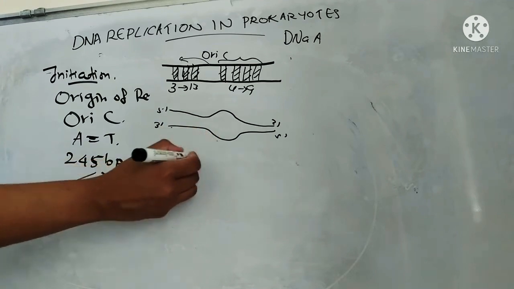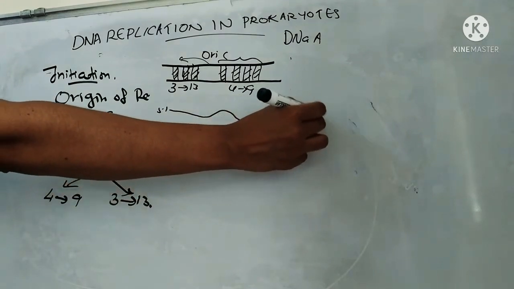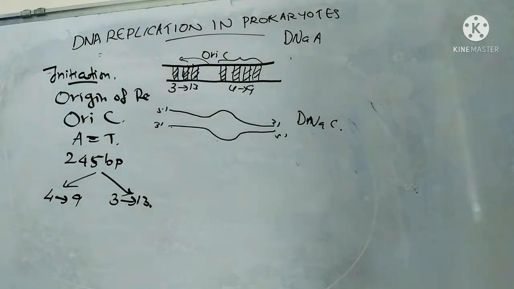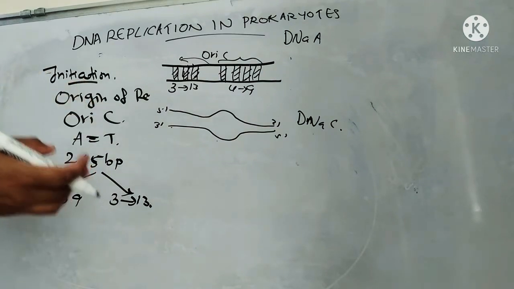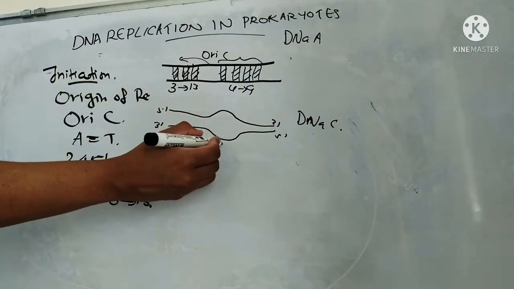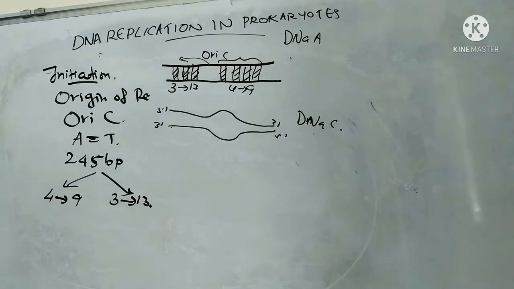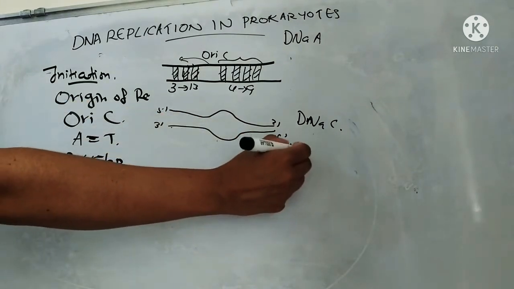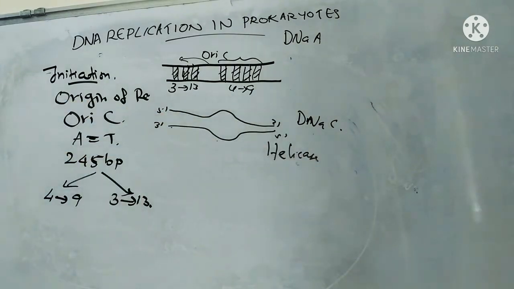Then DNA C protein is added, and DNA C binds to DNA B protein. DNA B means helicase.